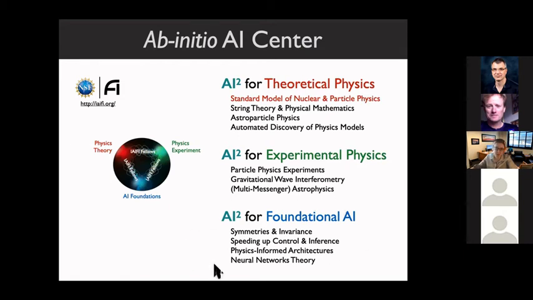So how can physics, AI squared stands here for artificial intelligence and fundamental interactions, ab initio AI squared, how can this ab initio AI tell us about foundational AI? And sort of our model of the center is here as a proton where our fellows are gluing together our different areas in theory, experiment, and foundational AI.